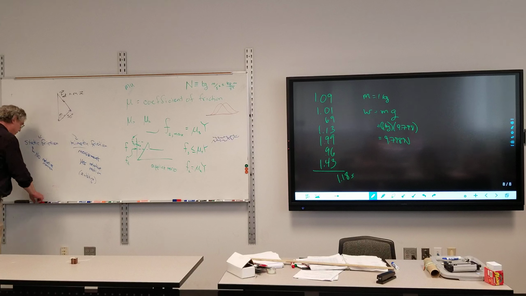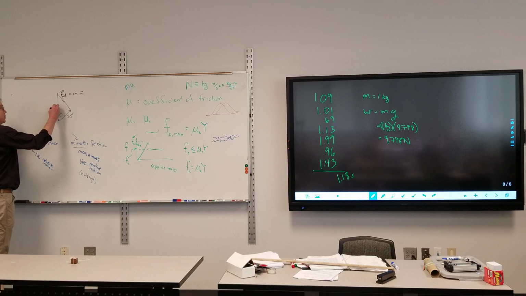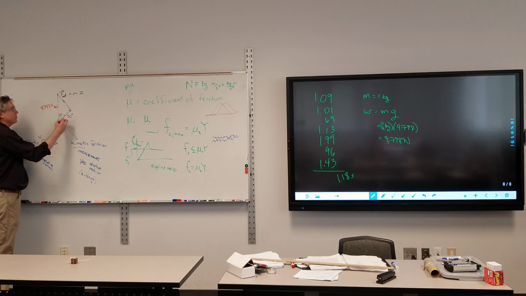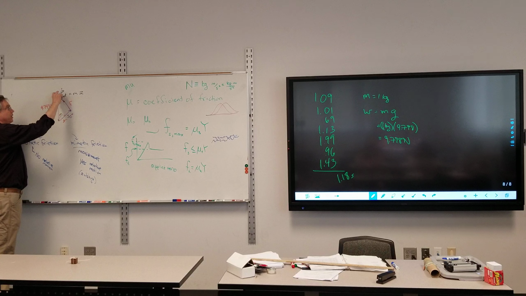So I now know this value right here. Since this was my weight, this is 9.798 newtons. This is a right triangle here. This is my normal force. This is friction plus my net.